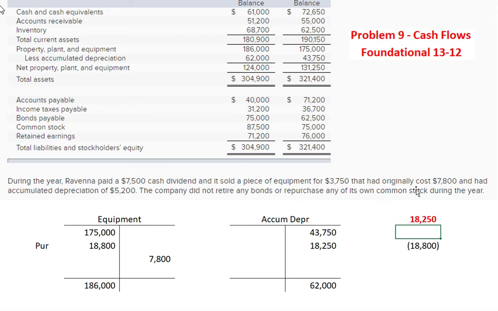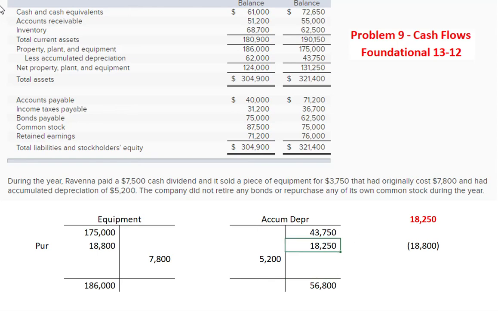But wait a minute. When we sold this equipment, we took the cost off the books. We also need to take off the accumulated depreciation. And in this case, our accumulated depreciation was $5,200. So clearly, our depreciation expense couldn't be $18,250, because the 43 plus the 18 minus the 5,200 gives us 56,800.